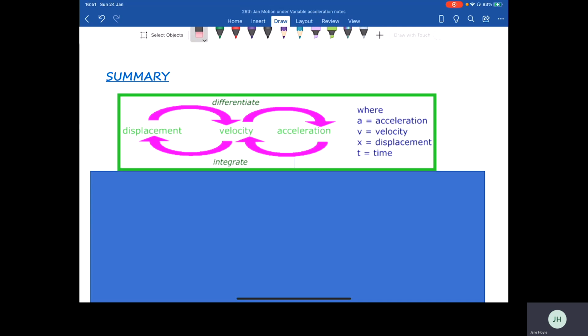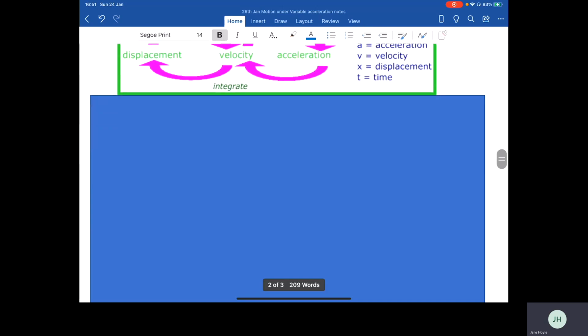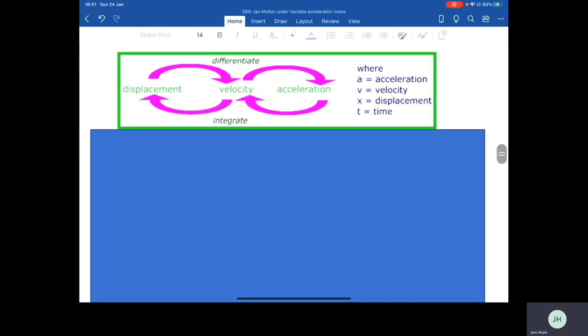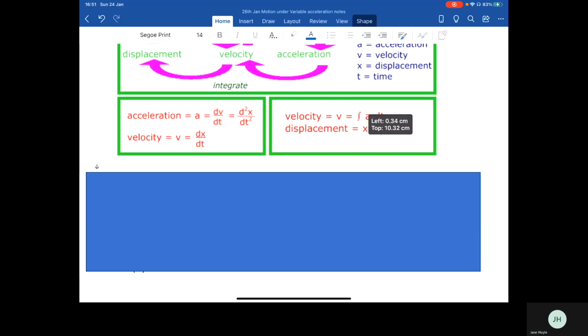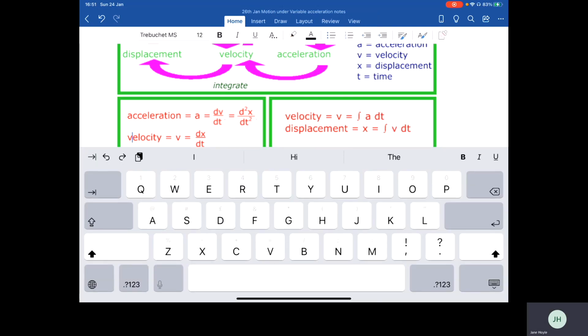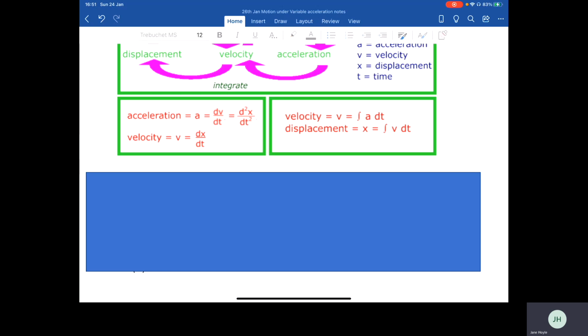So you can either remember that as a process, or some people like to remember the equations. So by that I mean, if I can make this box smaller, under here in red, I know that to find an acceleration, you find the gradient of the velocity time graph.